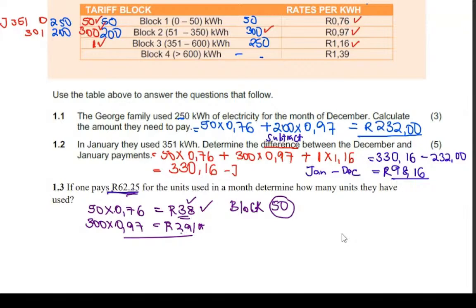How are we going to know now? So now we shall say the 62 rands that they used minus the money for block 1, 50 units, which is 38. Subtract it and remain with whatever remains, which comes from block number 2, which is 24 rands.